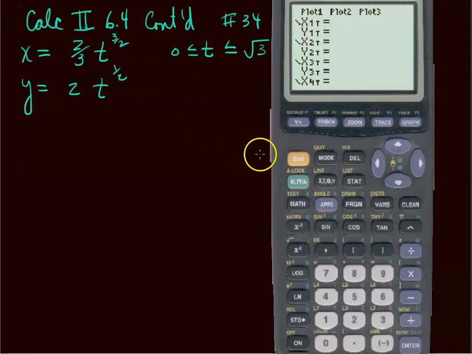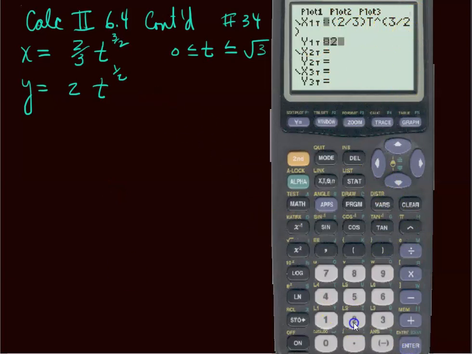I'm going to do this in parentheses 2 divided by 3, and then t, but when you click the x button in this mode, it gives you a t, to the 3/2 power, put that in parentheses. So it looks a little bit weird. In parentheses 2/3 t to the, in parentheses, 3/2.